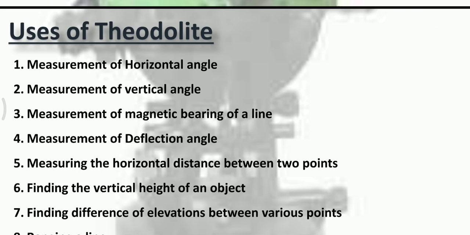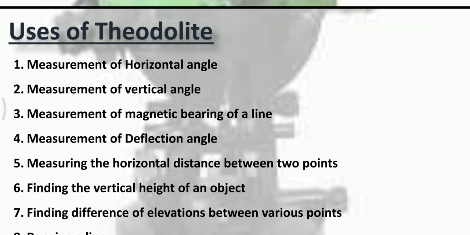So when we require to measure the horizontal angle between 2 points, we can directly measure it with the help of the theodolite. We do not require to measure the magnetic bearing of these 2 points for calculating the horizontal angle.